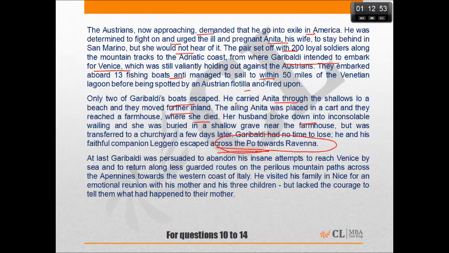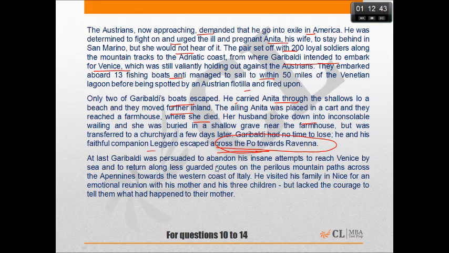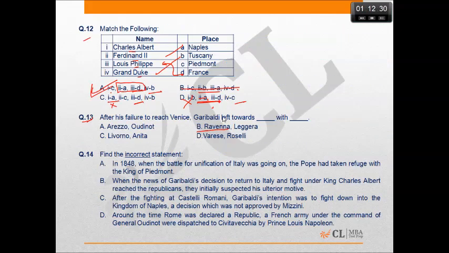So he escaped across the Po towards Ravenna. That is definitely here. What about the legion? Let me just confirm it. Same. He and his faithful legion escaped with the Po. So I think I'll leave this.